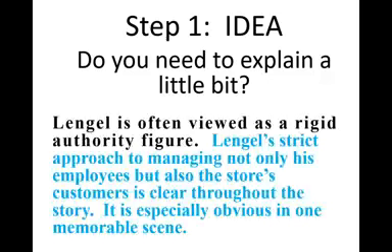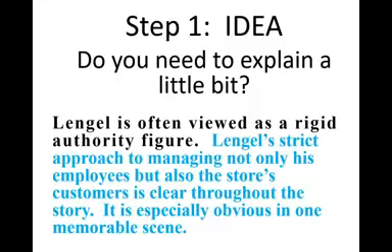And after reading the story and looking at the different ways that Lingle acts and talks and how the other characters interact with him, this is the explanation. And that explanation is going to come right after the topic sentence. So again, the topic sentence says, Lingle is often viewed as a rigid authority figure. And then here's the explanation. Lingle's strict approach to managing not only his employees, but also the store's customers is clear throughout the story.